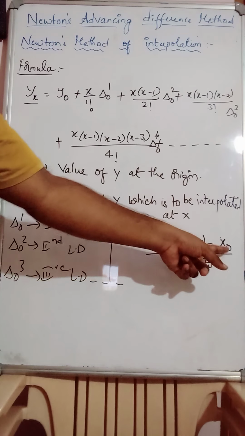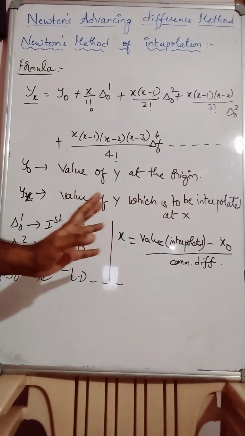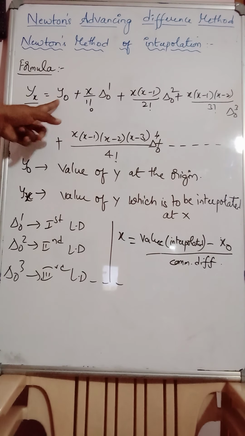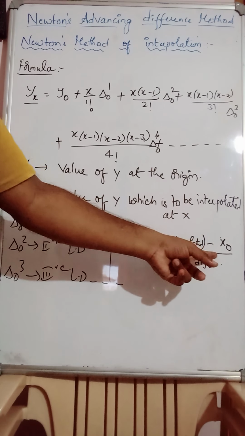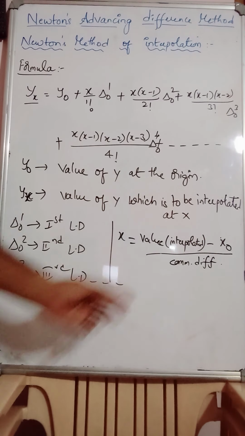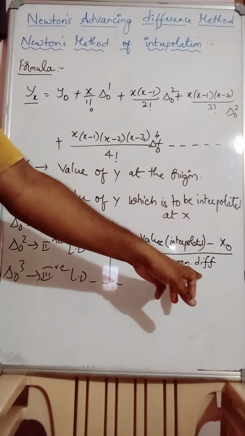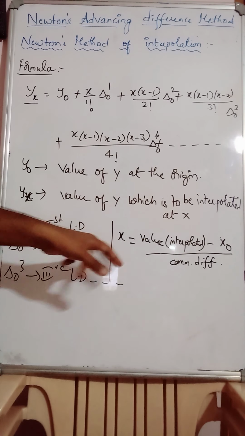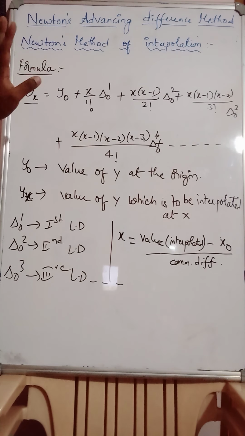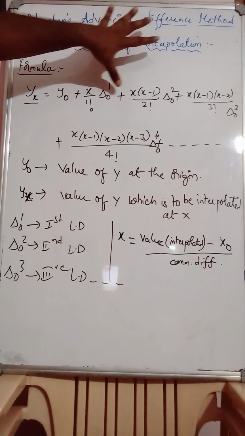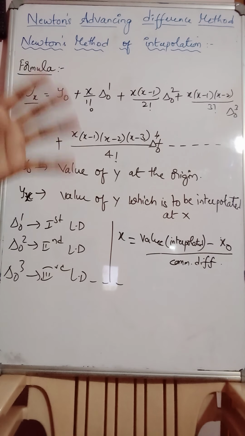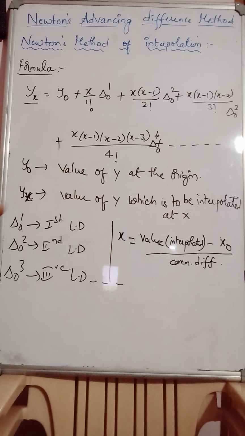And then minus the origin value of x. Like how the origin value of y you have written, in the same way the origin value of x has to be taken, x naught, divided by the common difference among the adjoining values of x. Remember, that common difference must be taken. After calculating this, you will get this x value. Got it? So this y naught and delta naught 1, delta naught 2 you will get from the leading difference table.